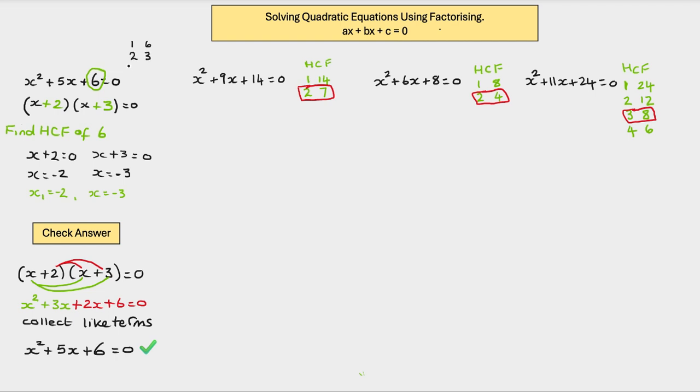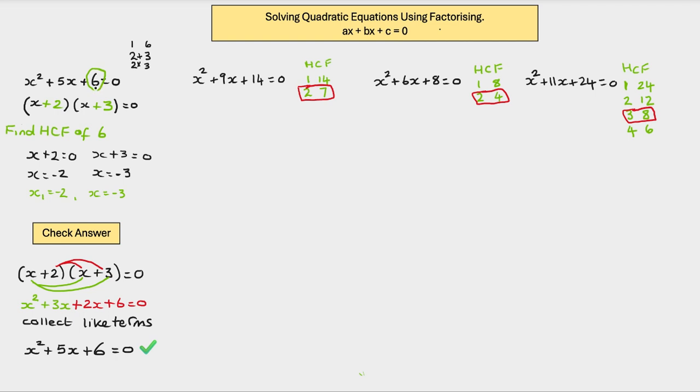That's easy, but there is something you need to know. You've got to make sure that these 2 numbers, if you add them, make the number that's here, which they do: 2 plus 3 equals 5. And if you times them, they make 6.